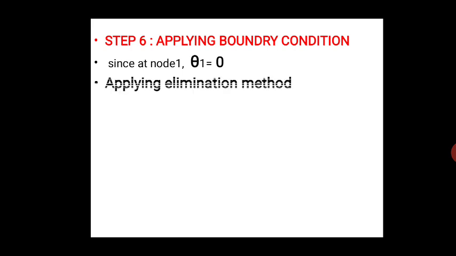Now considering this, we will apply the boundary condition. The boundary condition is, since it is fixed, theta 1 is equal to 0 at node 1.